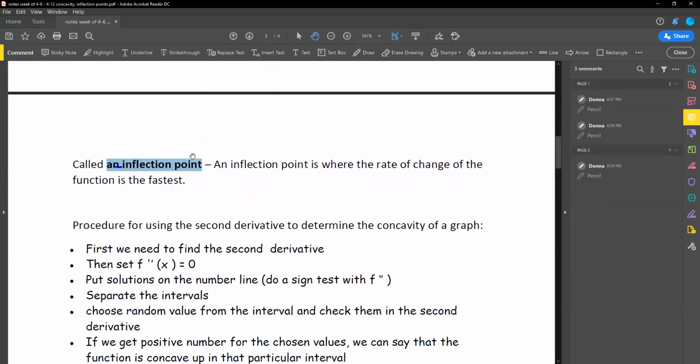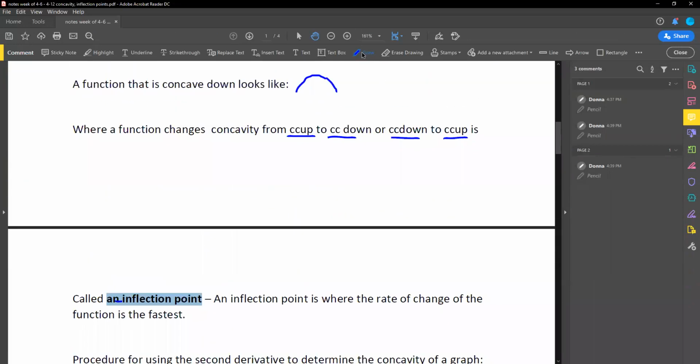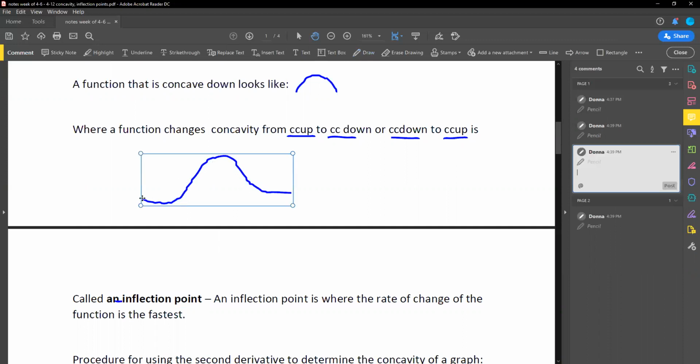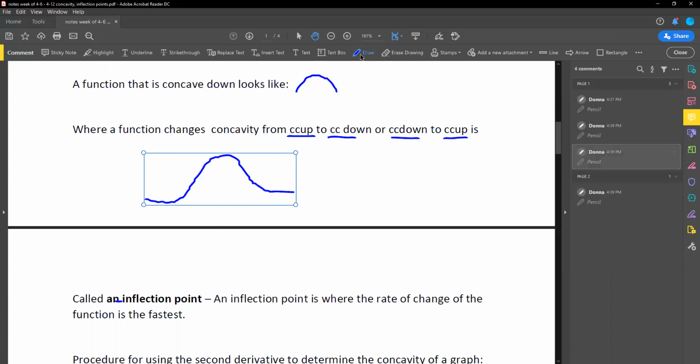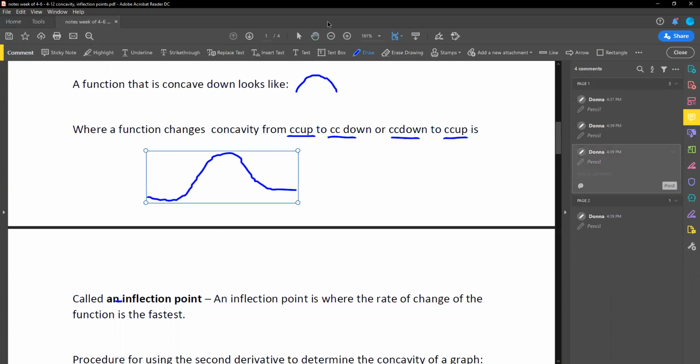So pretty much if I were to draw a graph, something like that, this starts out concave up and it changes to concave down. So about right here, I'm just guessing, would be an inflection point, because the concavity would change from concave up to concave down right there.